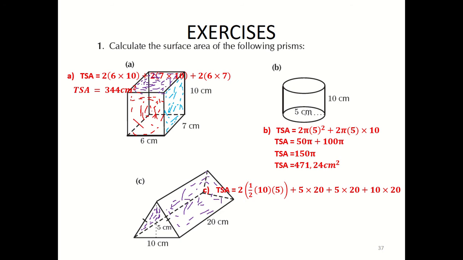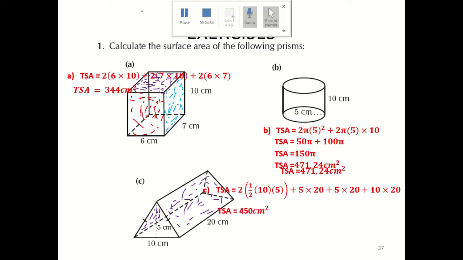Obviously it extends up to there, which will simply be 5 times 20 as well. And then the area of the bottom side will be 10 times 20. Hence I have that. The total surface area of this triangular prism will simply be 450 squared centimeters.